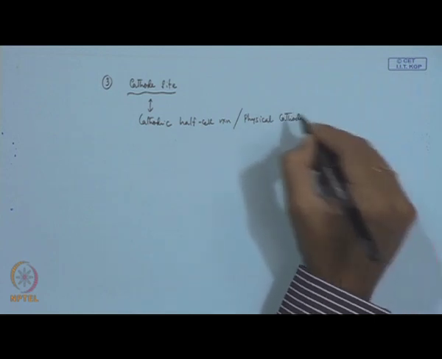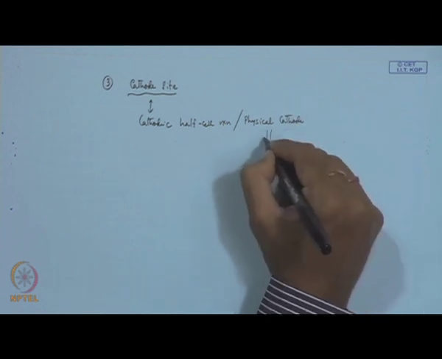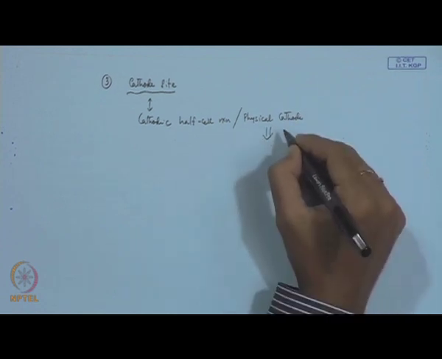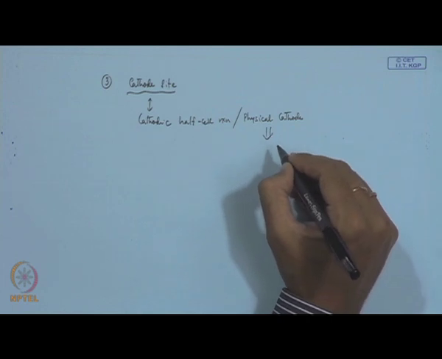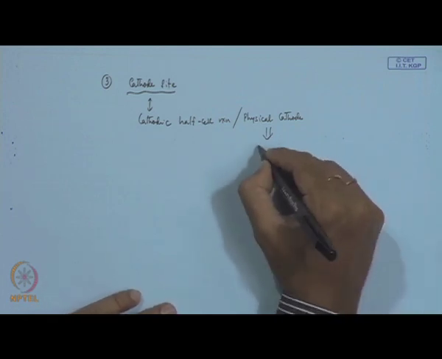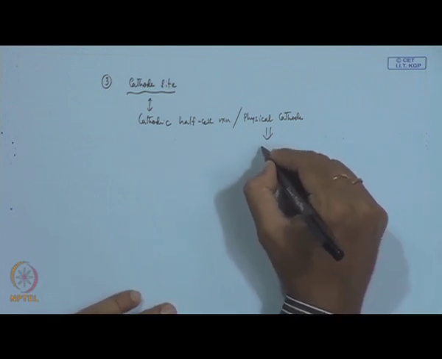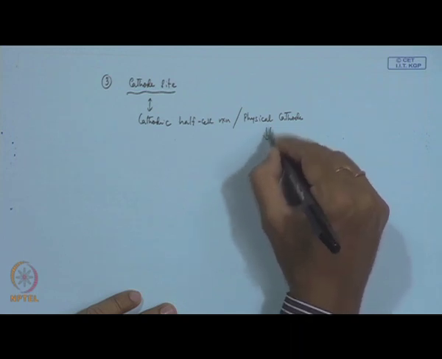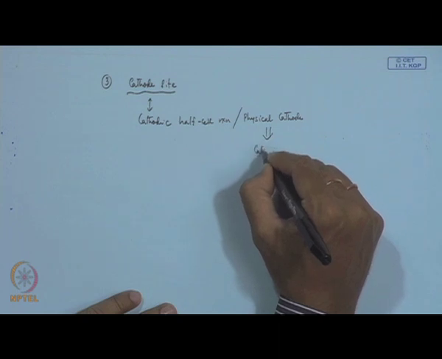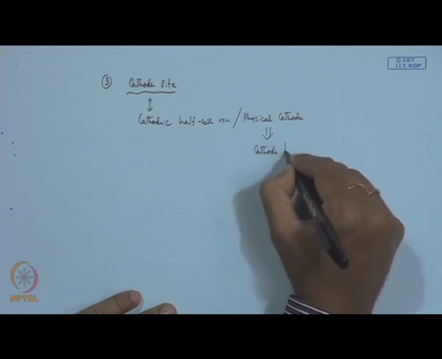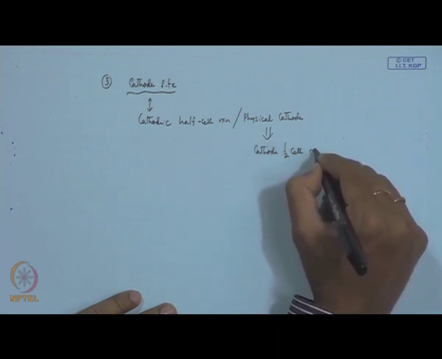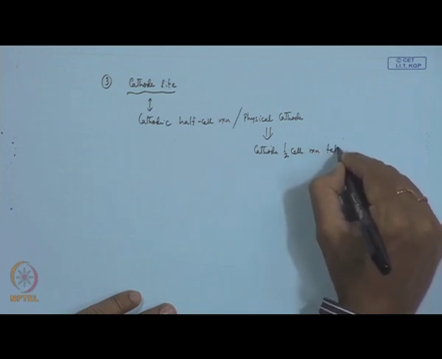Now this physical cathode is a localized region, a location where the cathode half cell reaction occurs. Here in this physical cathode, the cathode half cell reaction takes place.